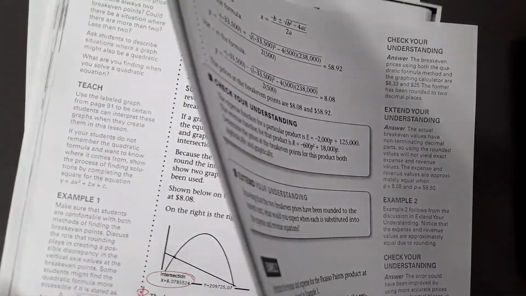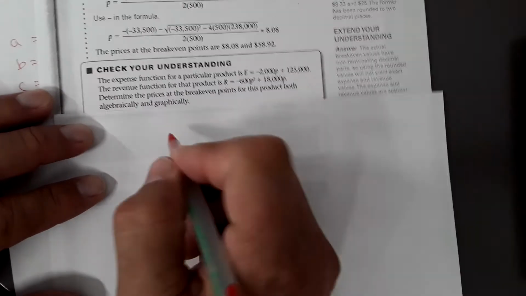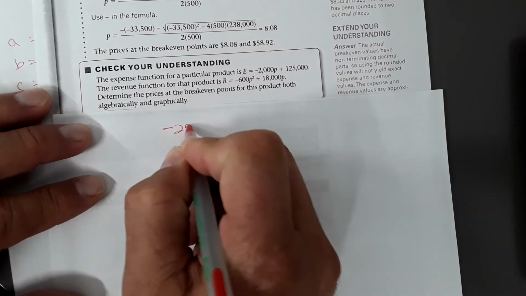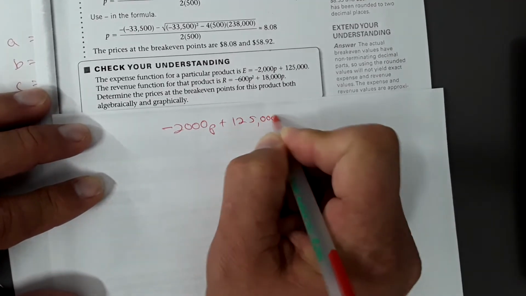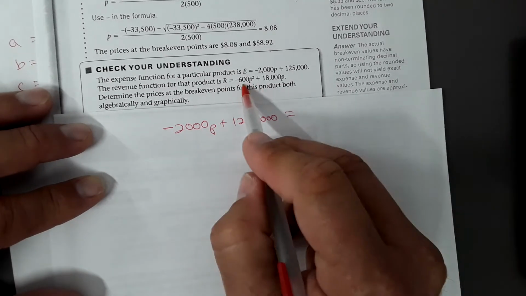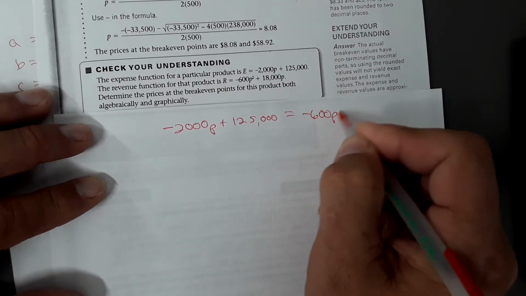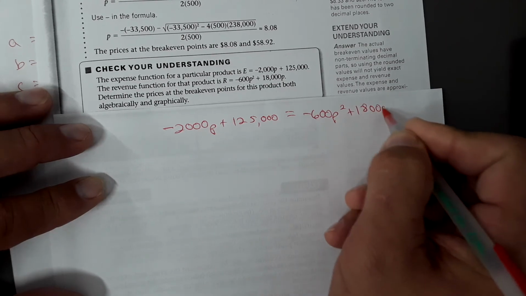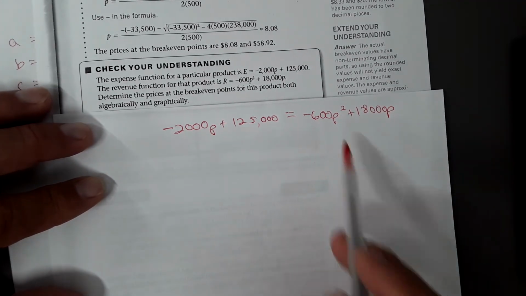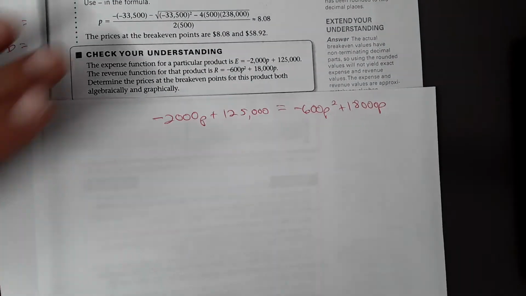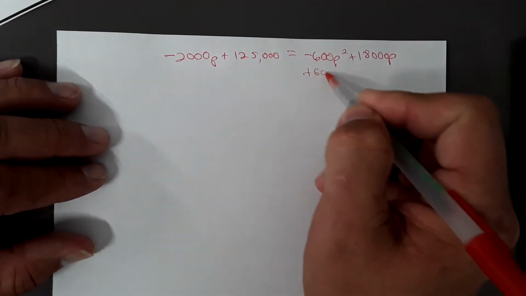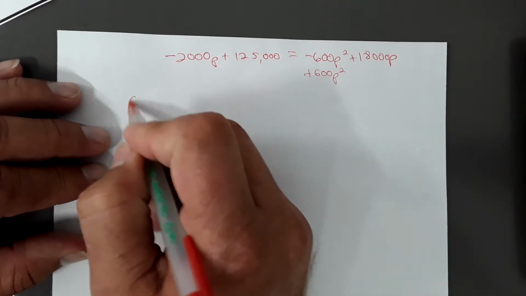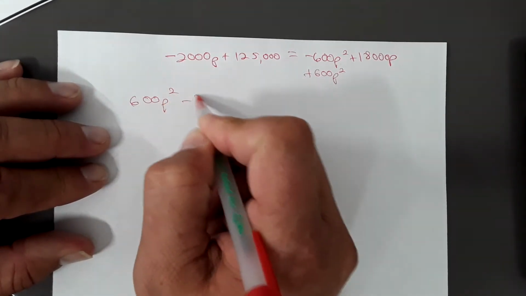So let's see what we can do here. The expense function is negative 2,000p plus 125,000. We're going to set that equal to the revenue, which is negative 600p squared plus 18,000p. It's quadratic, so I have to get everything over to one side. So I'm going to add 600p squared to both sides.